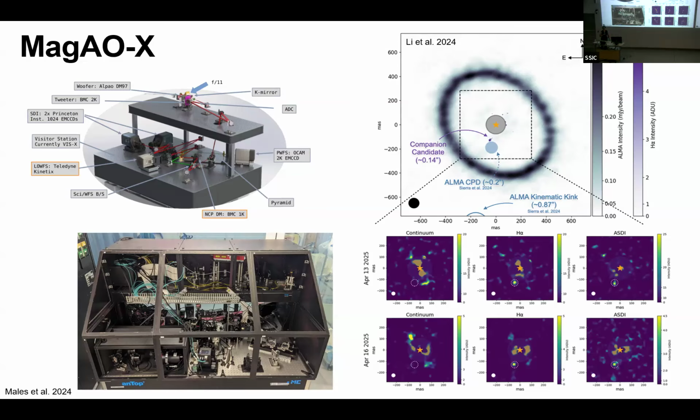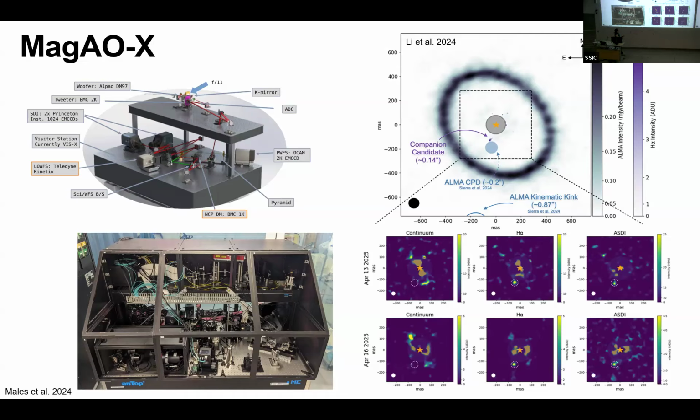So this is your pretty CAD drawing. This is what a picture of the instrument actually looks like. So they're always busier than these clean things. And something that's unique about MagAO is that you can observe in spectral differential imaging mode, in particular at H-alpha wavelengths. So this is the hydrogen alpha line. You can observe simultaneously on the line and on continuum to isolate H-alpha signatures like accretion onto forming planets.